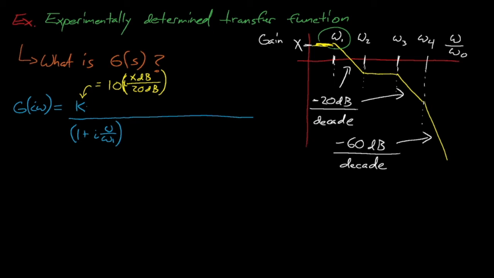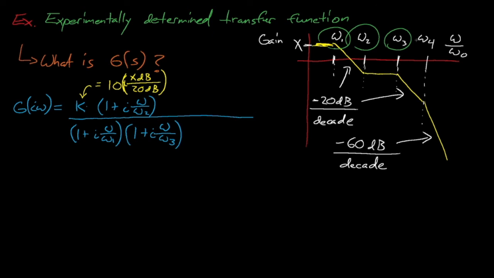The gain plot levels out once again at omega 2, which can only happen if we have a 1 plus i times omega divided by omega 2 term in the numerator. Essentially, this positive term cancels out with the negative slope term from omega 1. The downward slope once again resumes at omega 3, which means that we must have a 1 plus i times omega divided by omega 3 term in the denominator.